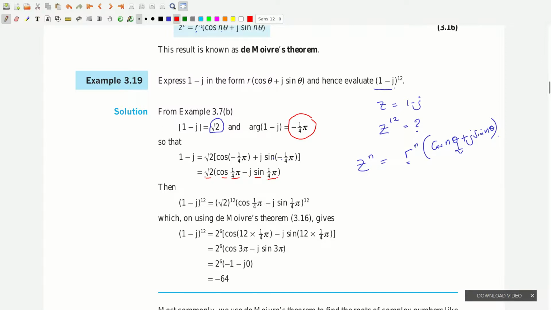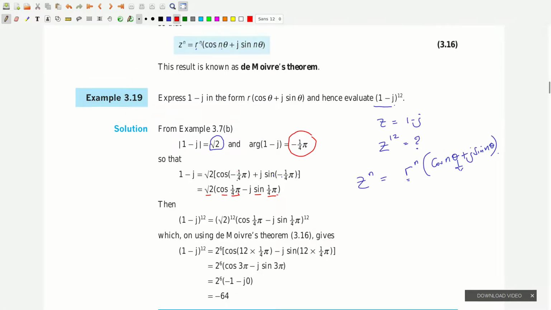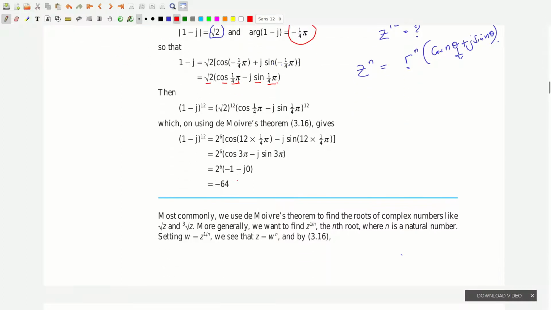Its modulus and its argument are here. So now we can say that 1 minus j raised to the 12th power is simply going to be r to the 12th power, which is root 2 raised to the 12th power, then cos n theta.